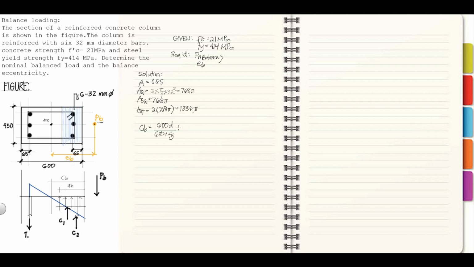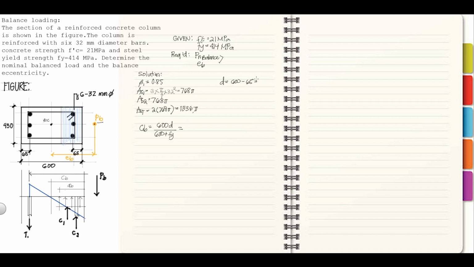Lagyan mo lang yung mga value para makuha natin CB. Yung D natin, what is our D? Class. Okay, our D here is ito, di ba? From the extreme compression side up to the tension steel. Tama ba? Okay, so that is 600 minus 65.